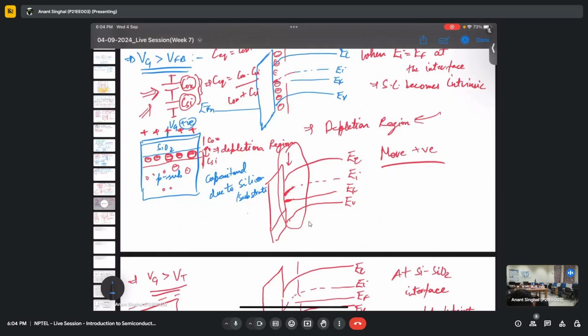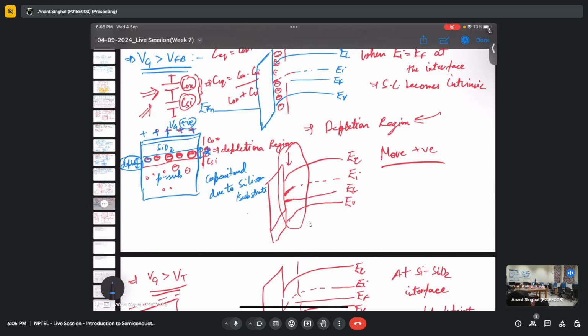So maybe I have applied a positive bias. I have not applied so much positive bias that it completely inverts, but we have some depletion region here, right? Let's say this has a depletion region which has some depletion width D. Does it make sense?